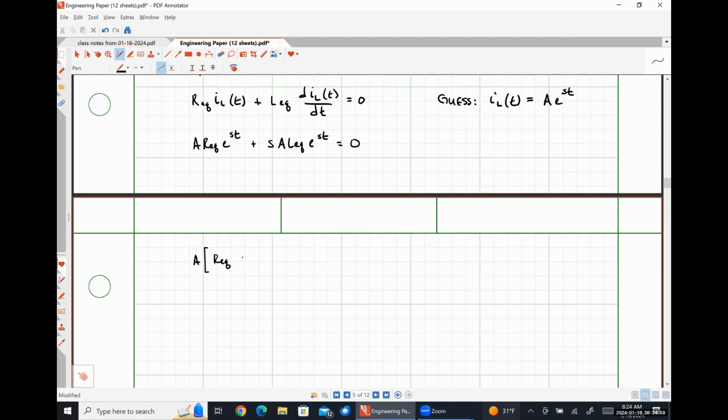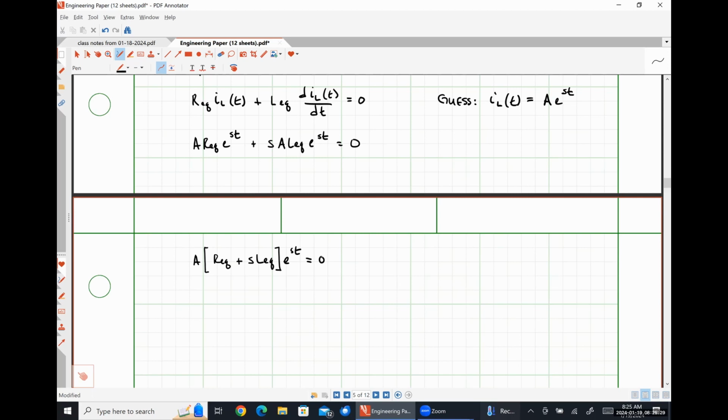Here I'll have REQ plus S times LEQ, and then I'm pulling the e to the st out over here. I've just really factored common things out, and I've broken it up in this way so that we can really consider this as 3 distinct parts, all of which could wind up making this sum look like 0. And then we're going to discuss what that entails, okay?